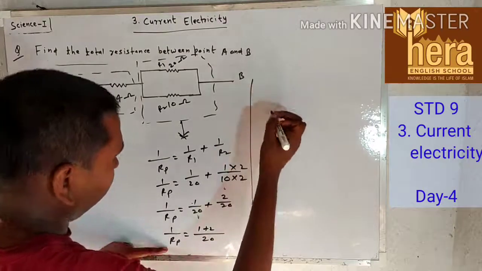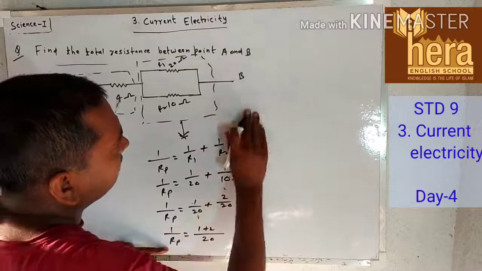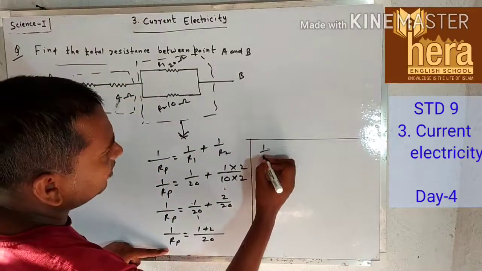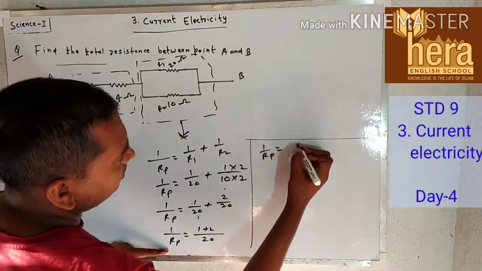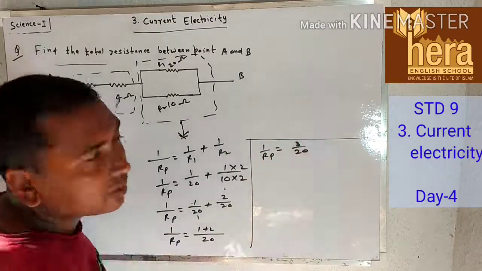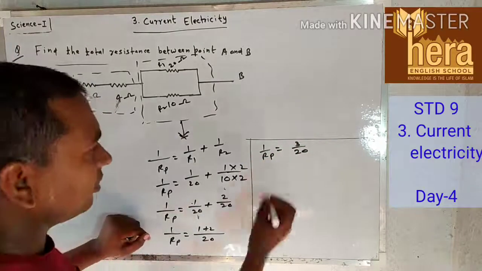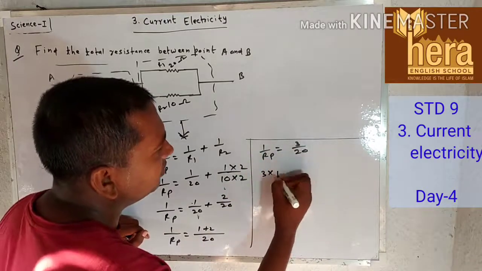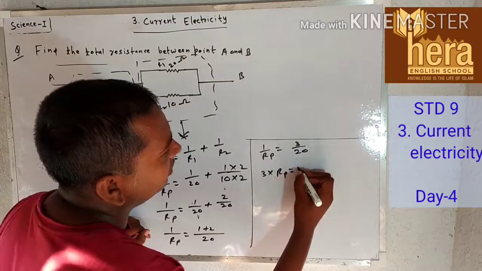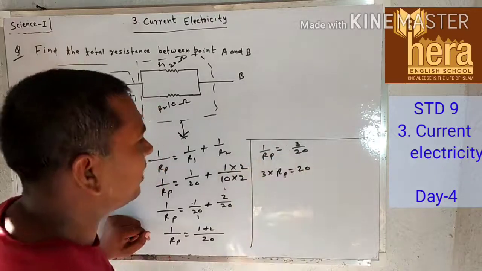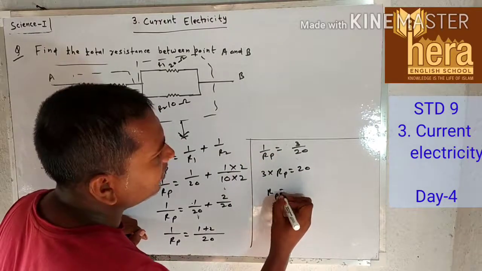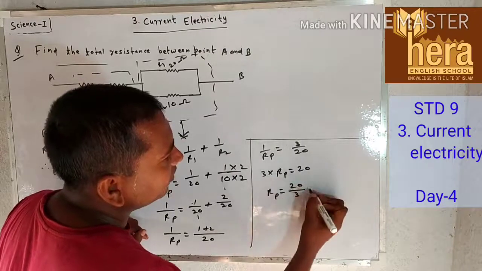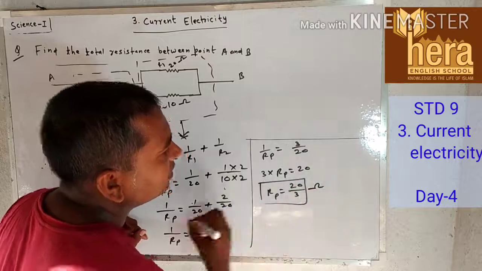So 1 upon Rp is equal to 3 upon 20. Cross multiplication: 3 into Rp is equal to 1 into 20. Therefore Rp is equal to 20 upon 3 ohm, right?